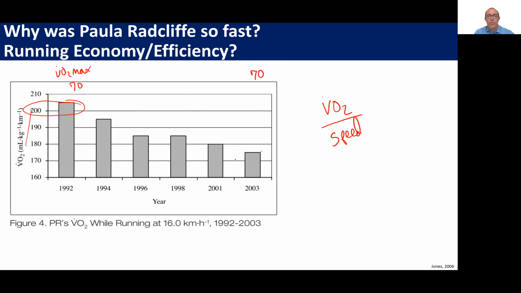In 2003, now it's only costing her about 175 milliliters of oxygen to go a kilometer. Right? So she's getting more efficient. It costs her less oxygen and presumably less ATP to run at 16 kilometers per hour. So her VO2 max hasn't changed, but how efficient she is using her VO2 has.